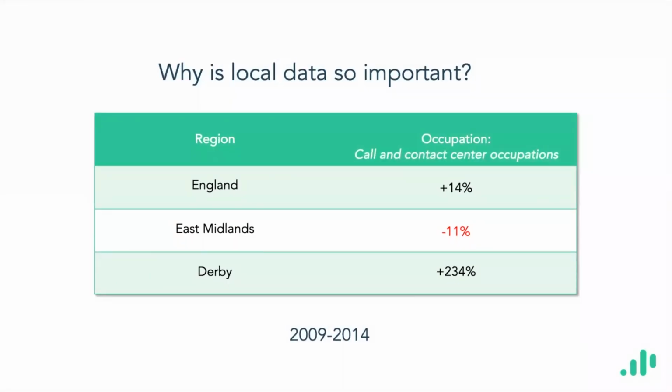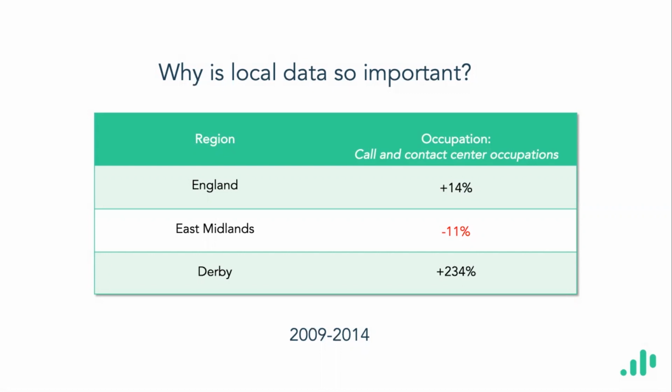So just as an illustration to show you how that would play out in real data. These are relatively small numbers and hence why the percentages are so high. But just to show you what I mean by the last point. If we looked at this occupation in England, call and contact centre occupations, between 2009 and 2014 showed a 14% growth rate.